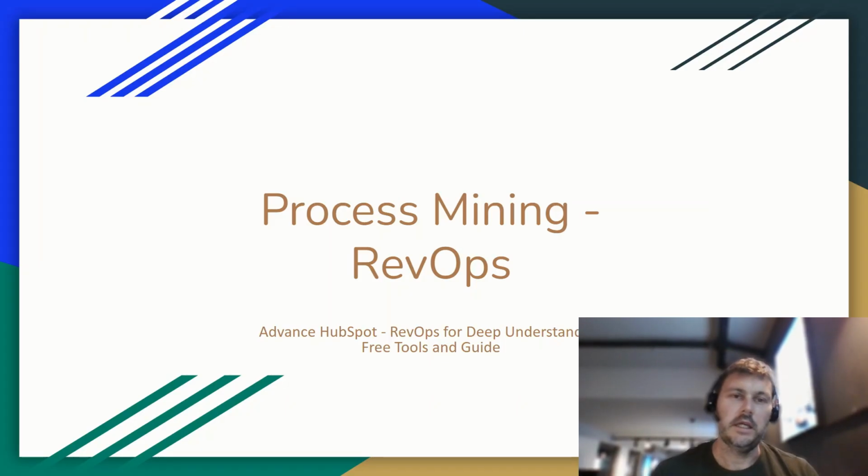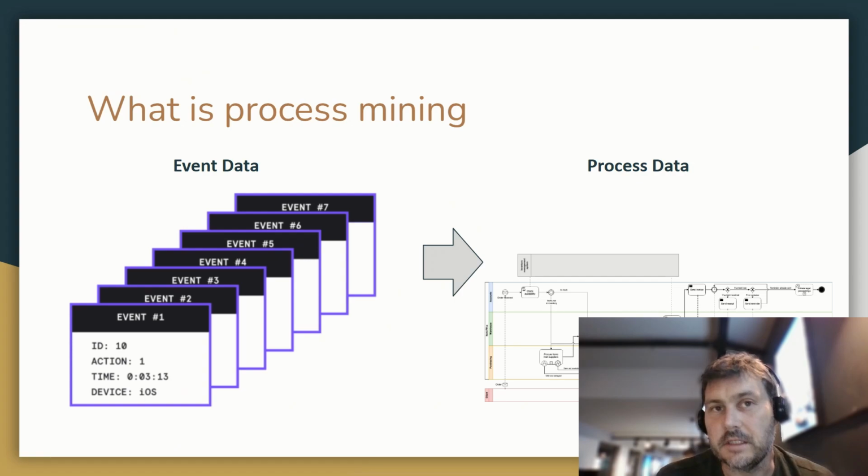Okay, so what we're looking at here today is process mining for RevOps. It's really about getting a deep understanding of what's happening and how your system is working. So what is process mining?